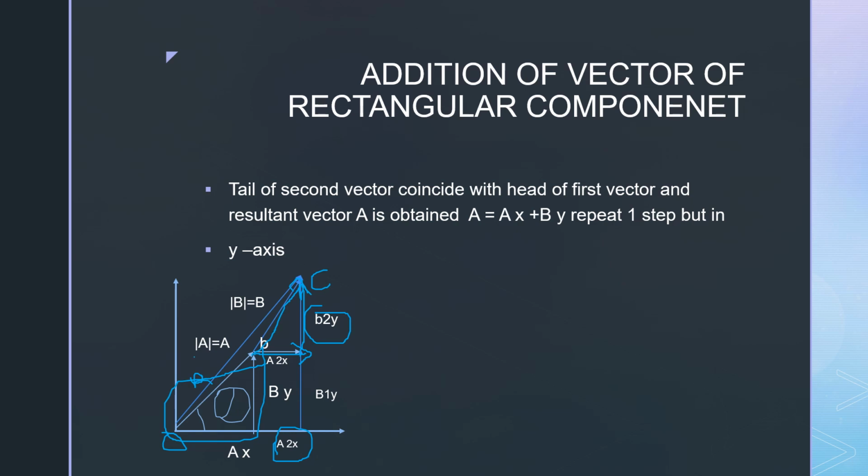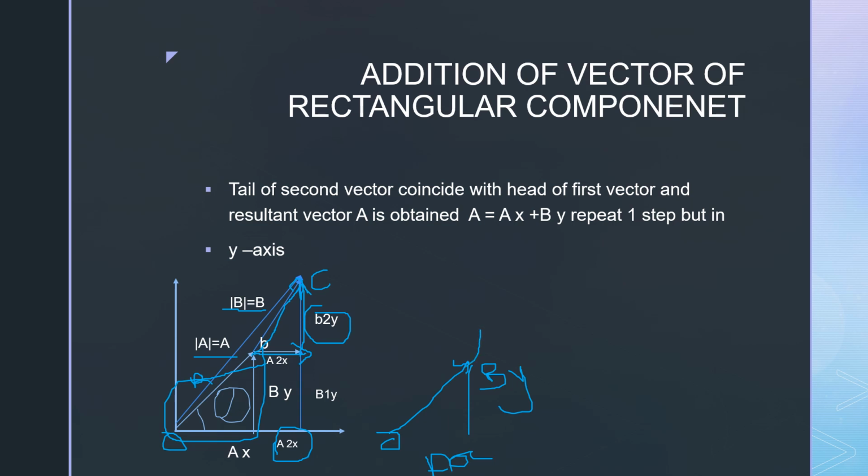Now we know that the magnitude of A is equal to A and the magnitude of B is equal to B. Now what I have done: first suppose a vector OB resolved along the x-axis. Name the resolution along the x-axis as A1x.